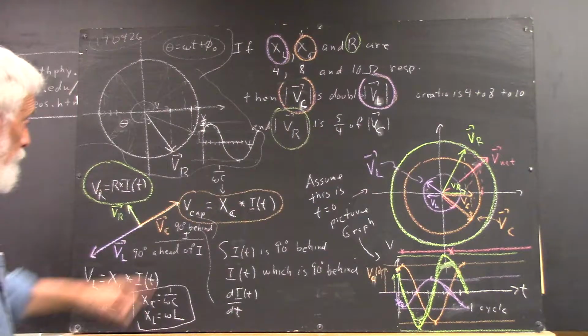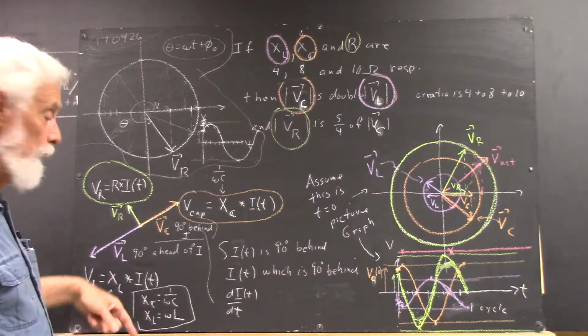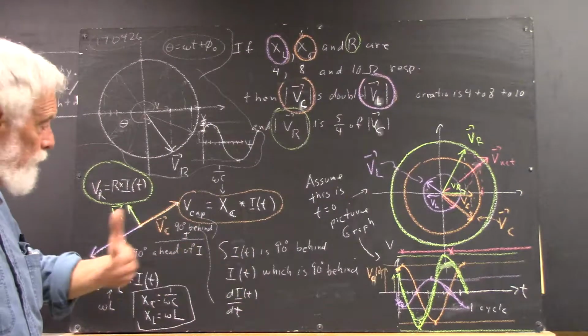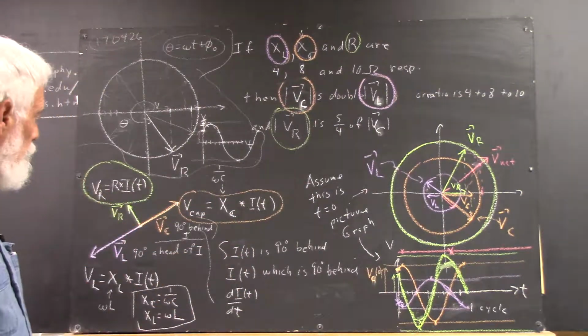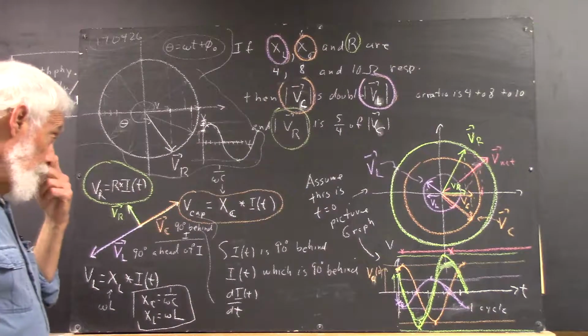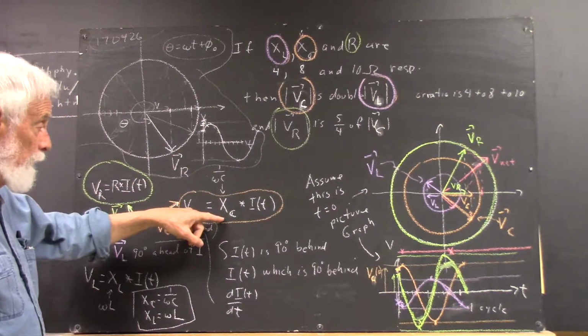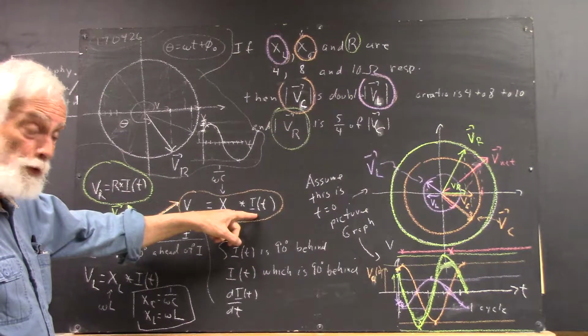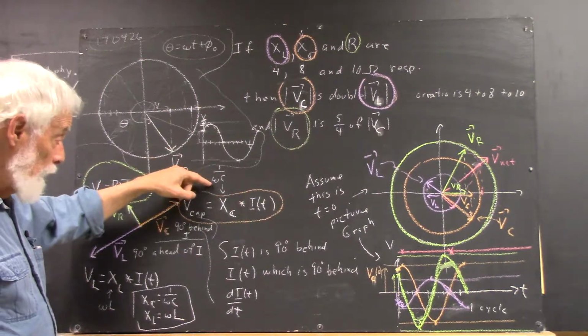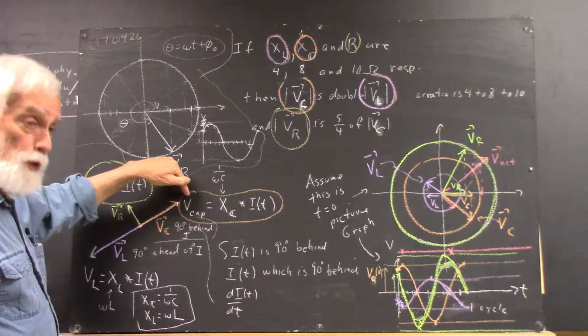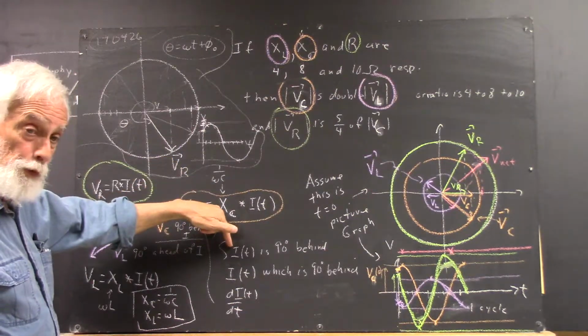And the capacitive reactance and inductive reactance come right out of this process of taking derivatives or integrals in the differential equations. We find that the capacitive reactance, the thing you would multiply by your current, is 1 over omega C. Now the 1 over omega comes because the charge on the capacitor is an integral of your current.